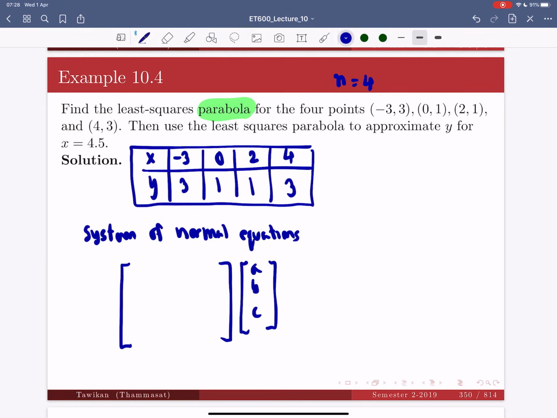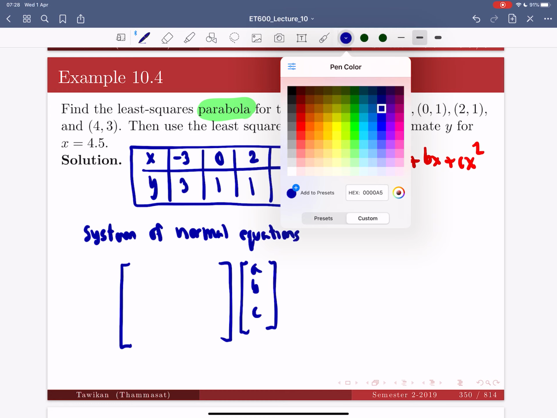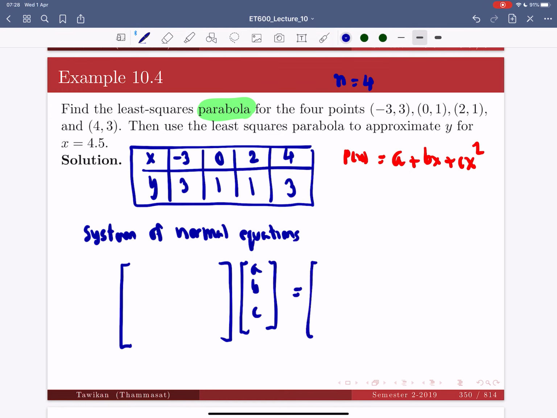Your second degree polynomial p(x) that you are finding is a plus bx plus cx squared, and you will be solving the system of normal equations to find a, b, and c, the coefficients of your second degree polynomial.